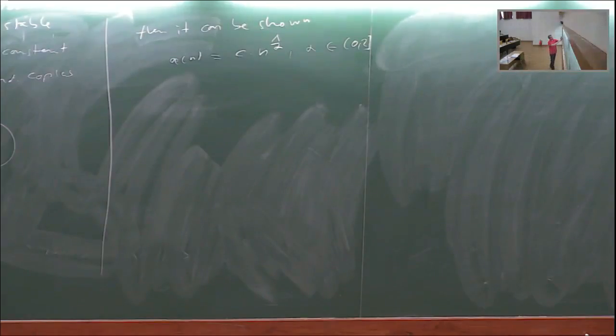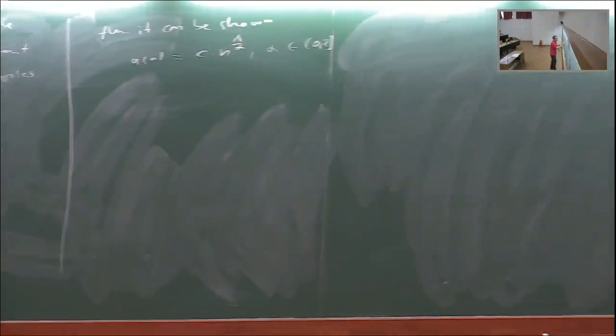So rotational invariant is a stronger version of infinite divisibility. So we can find an a of n such that, if you just see it like this, a of n.